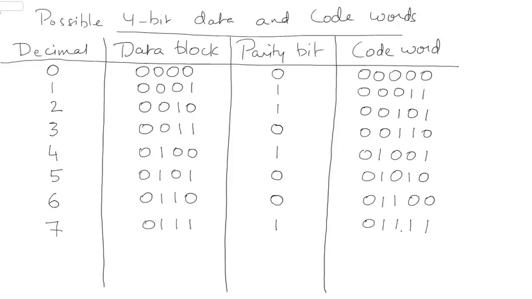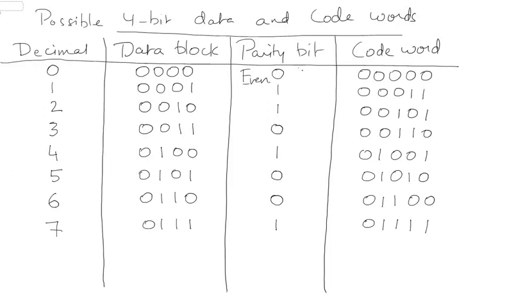So this is how we compute the redundant bit or the parity bit and add it along with the data bits to form the complete code word which is to be transmitted. So here we have seen the even parity. So these are the bits which are to be added according to even parity. Suppose we use odd parity, these numbers will get reversed.